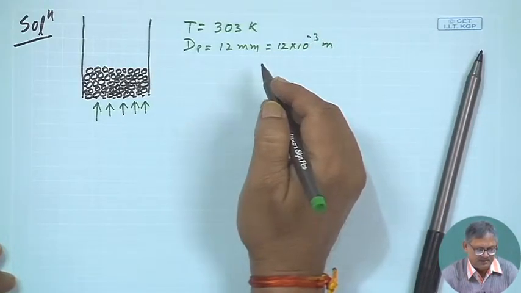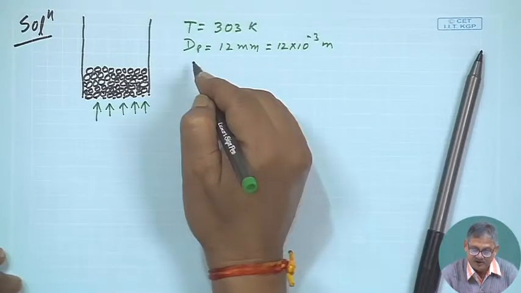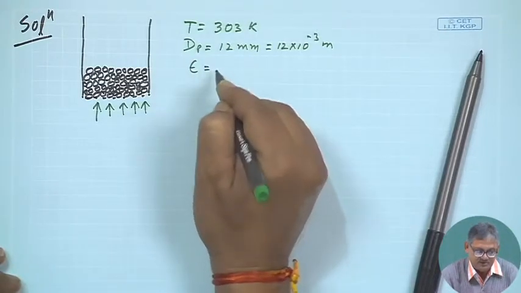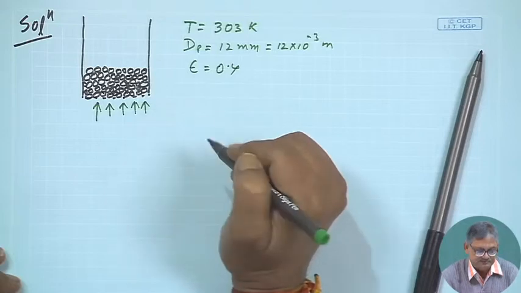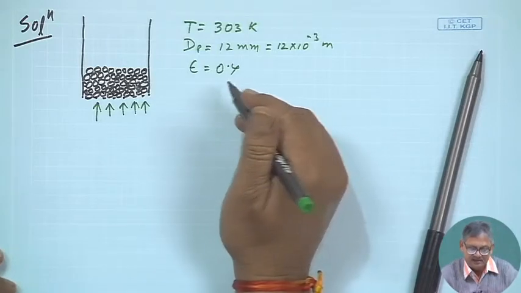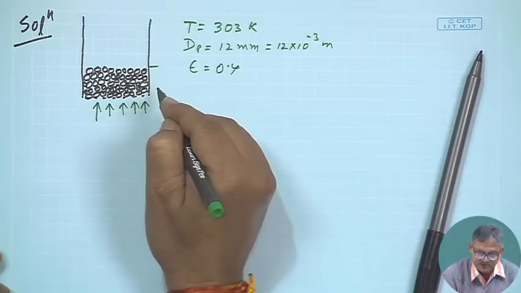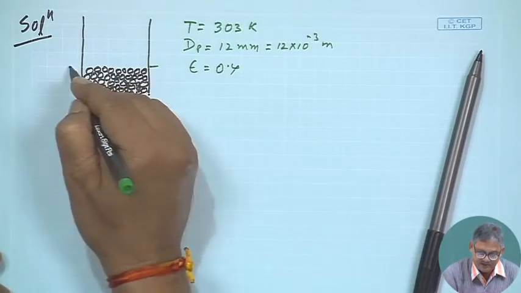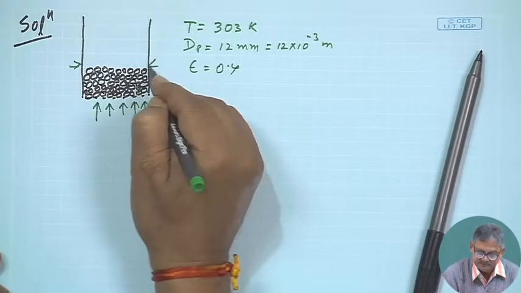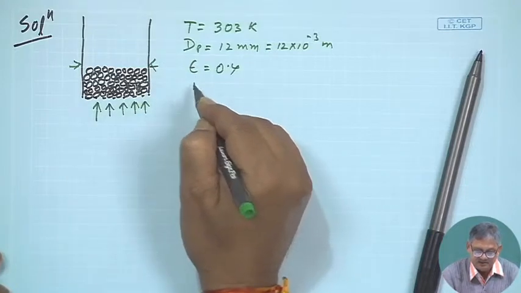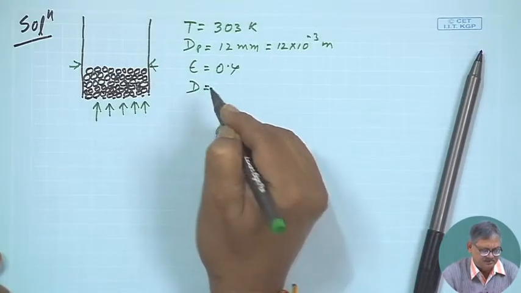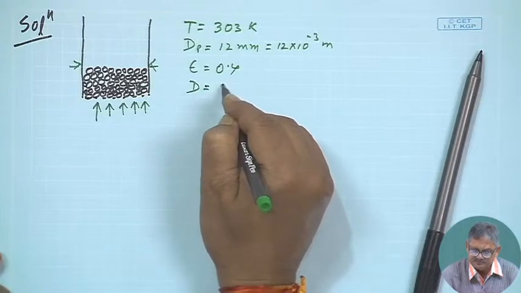Then we have been given that the void fraction epsilon is 0.4. The bed has a diameter of 0.6 meter, so this diameter of the bed D is equal to 0.6 meter.